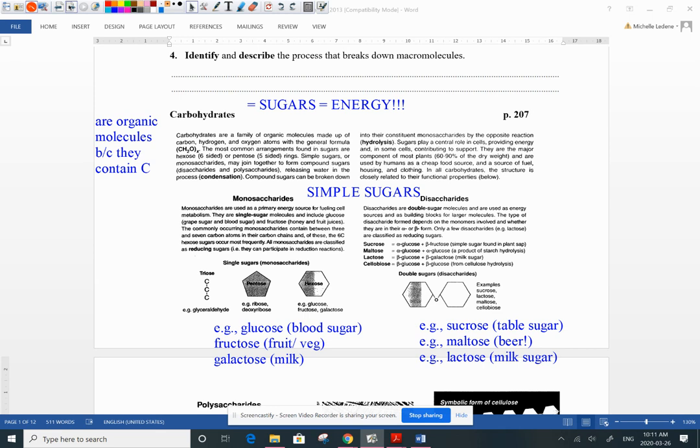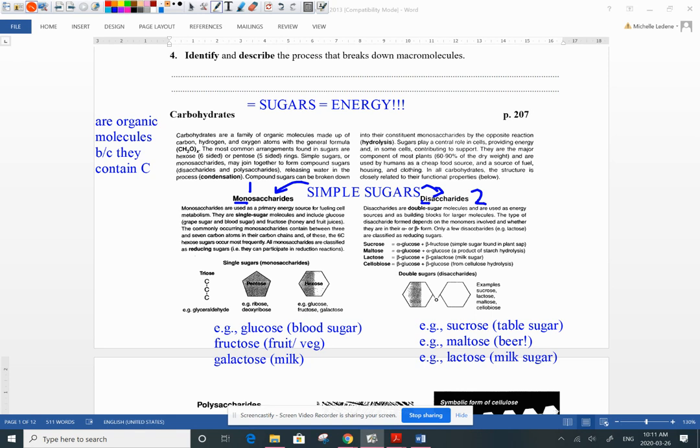They're organic, they contain carbon, and the 2 major classes of the simple sugars, simple carbs, are called monosaccharides, where there's just one single sugar, and disaccharides. And of course, di means 2. So some examples of our simple sugars that are monosaccharides are glucose, that's your blood sugar, fructose in fruit and vegetables, and galactose.